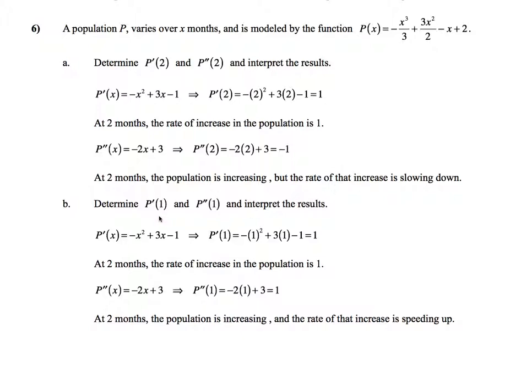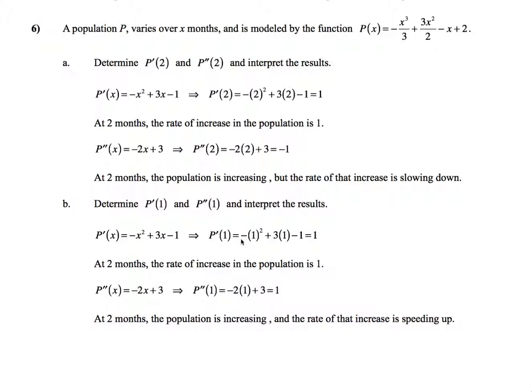Now for 1 month, we have the same derivative and the same second derivative, and we evaluate them at 1. So once again, x, parentheses, and you substitute in the 1.